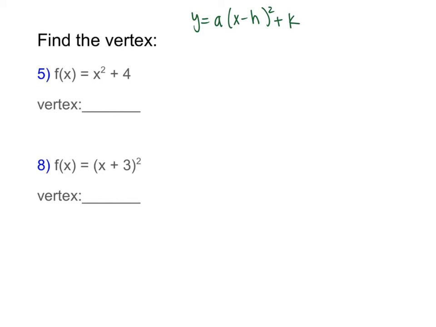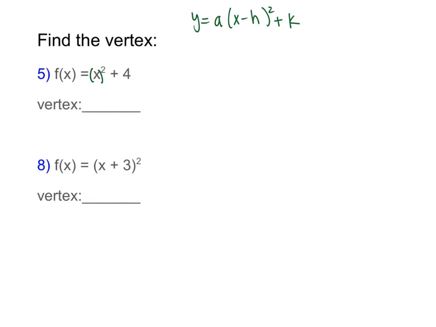All right, so this first one here has an x squared plus 4. So I want you guys to notice that there are no parentheses here. Typically, you would put the parentheses like here where the x is, right? And then you would see like, oh, then it's squared, right? And then you would have a number inside. But there is no number inside this parentheses. So that means that there is no horizontal shift.